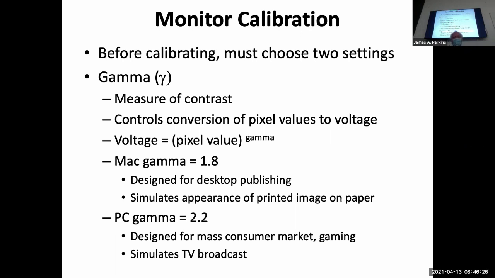It says voltage equals the pixel value raised to an exponent called gamma. This is a way oversimplified equation. It's really more like voltage equals some sort of constant times pixel value raised to the gamma. But in a sense, the voltage that is generated from the pixel values is an exponential relationship, where the pixel values are raised to this gamma setting, this gamma exponent.